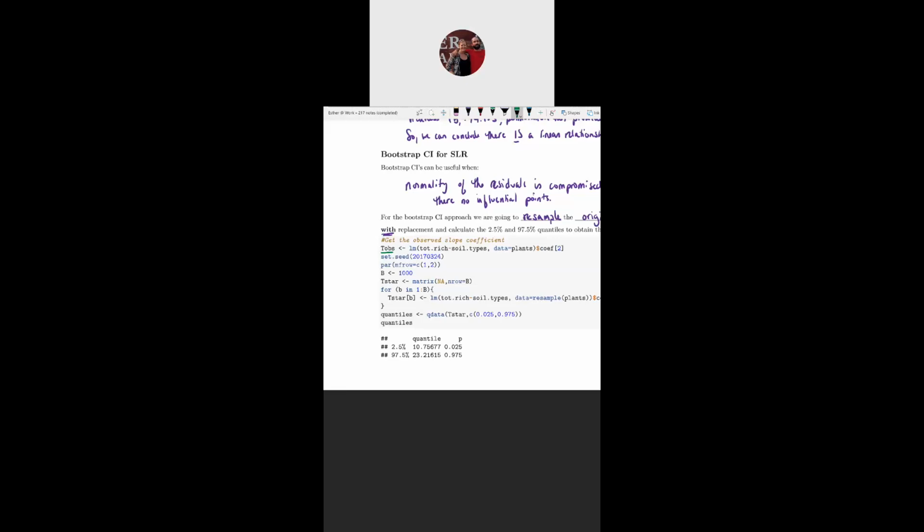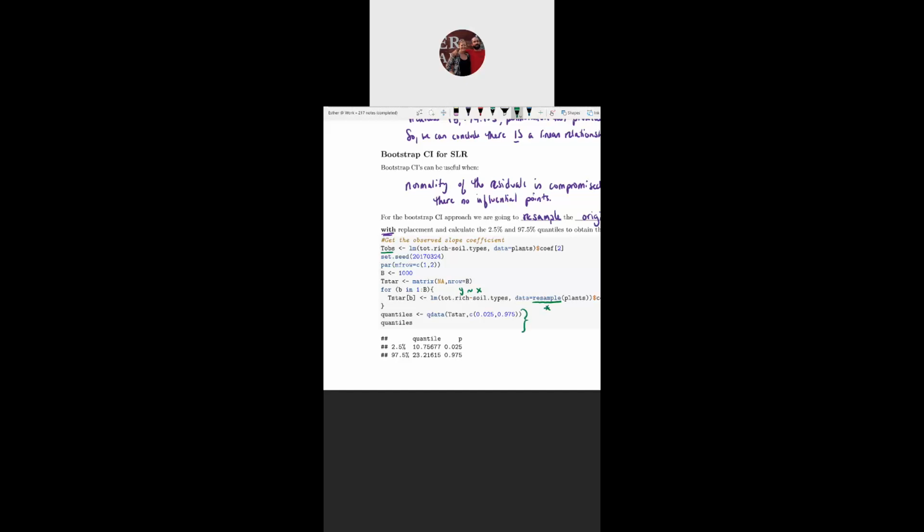Now, when we had the permutation loop before, we were shuffling our x values, so we had our y value by our shuffled x values. Here, to do the bootstrapping, we still have our y by x, but then in our data call, we're going to use this resample line. So that's what's getting us our bootstrap.